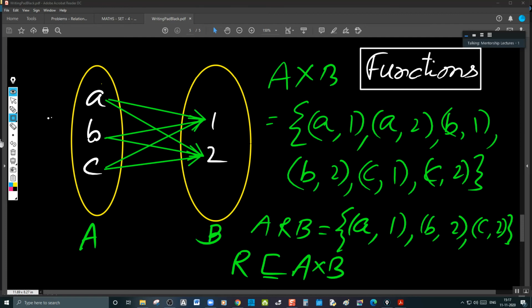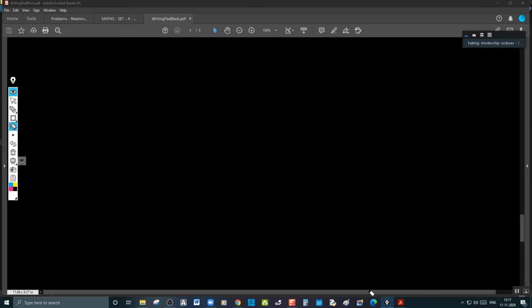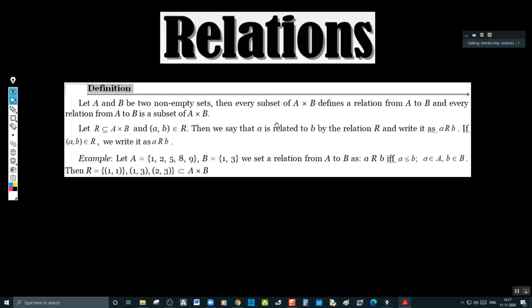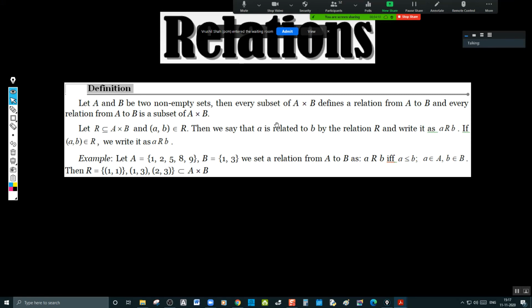Now, let us understand this in the form of the definition, which I have shown you. Let A and B be two non-empty sets.